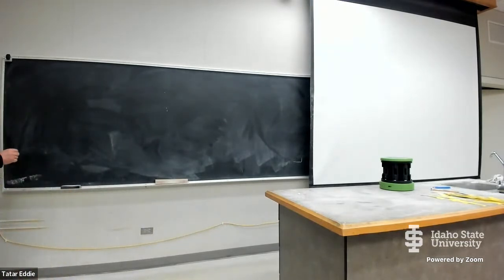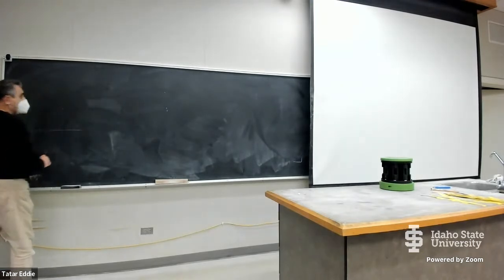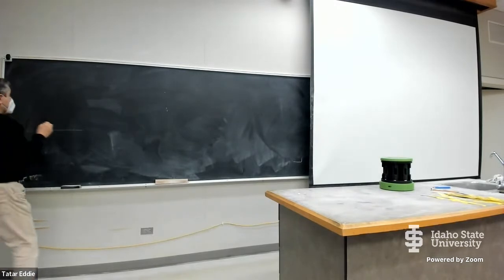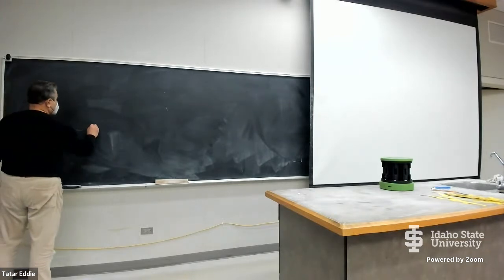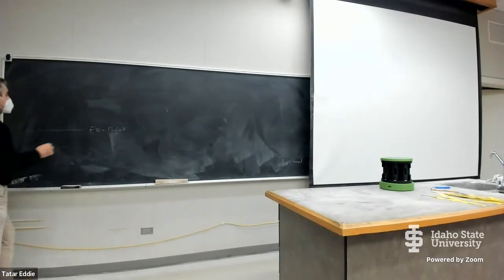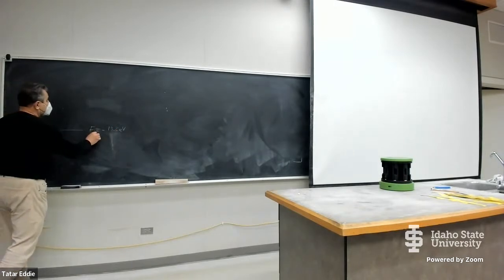And the result was something like this. The ground state energy of an electron in a hydrogen atom is equal to negative 13.6 electron volts. This is the ground state energy. Call it E0, let's say.